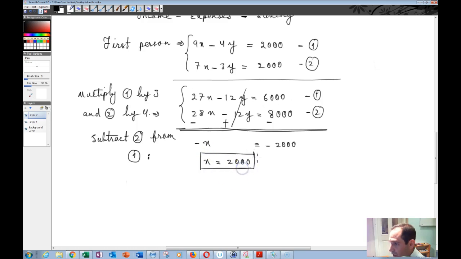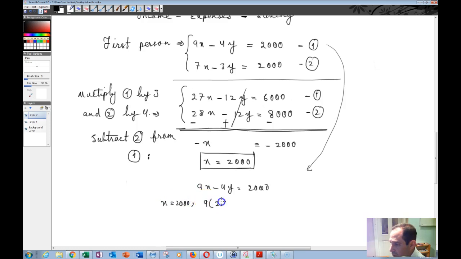Okay, and then I can pick any of these equations. I have the value of x, so for example, I can take this equation and write 9x minus 4y is equal to 2000. I know my x is equal to 2000.